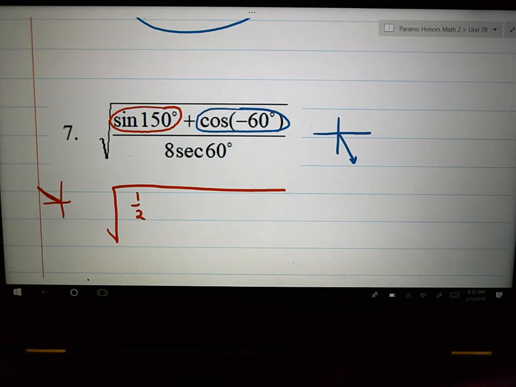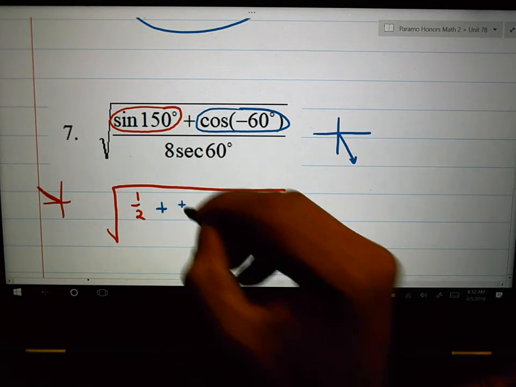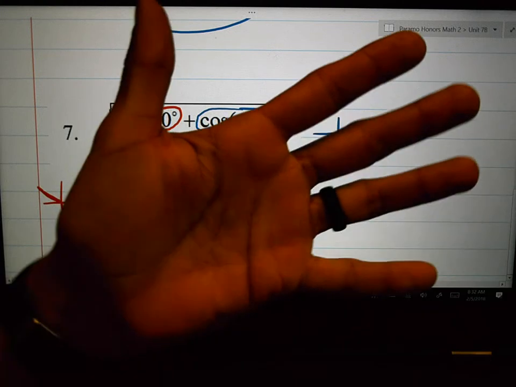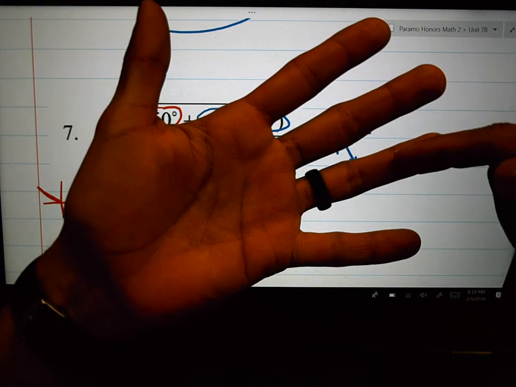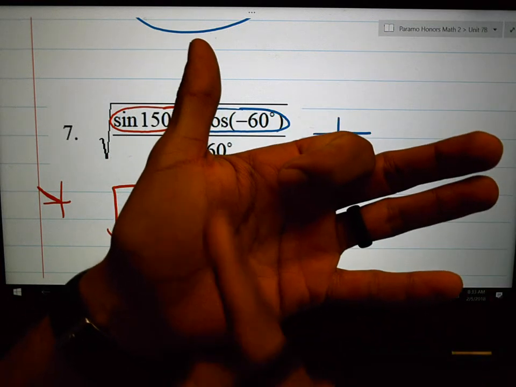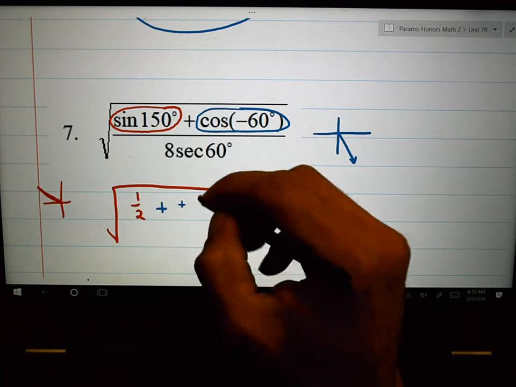Tell the person you're sitting next to. I'm hoping you said it's a positive value, because it is. Degrees, 0, 30, 45, 60 degrees. I fold down 60 degrees. I count square root of how many fingers divided by 2. I get 1/2 again.